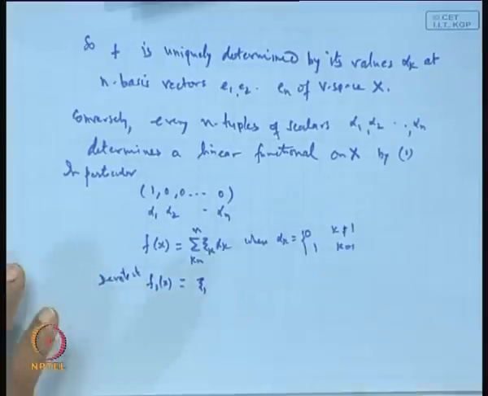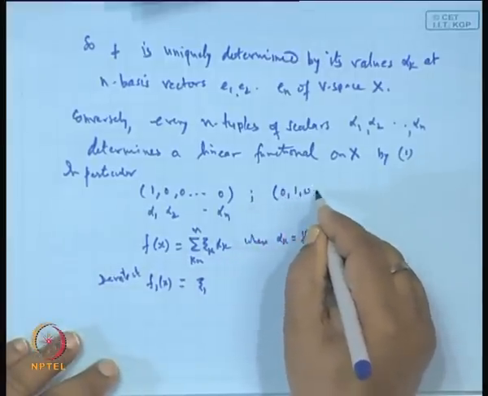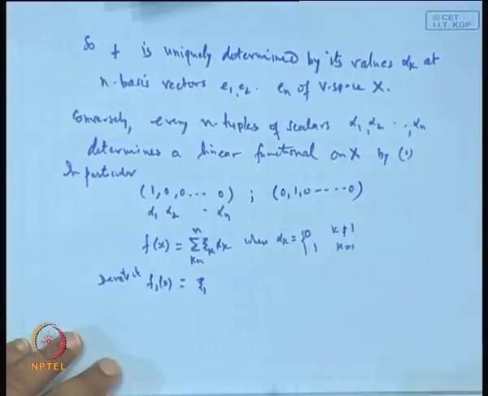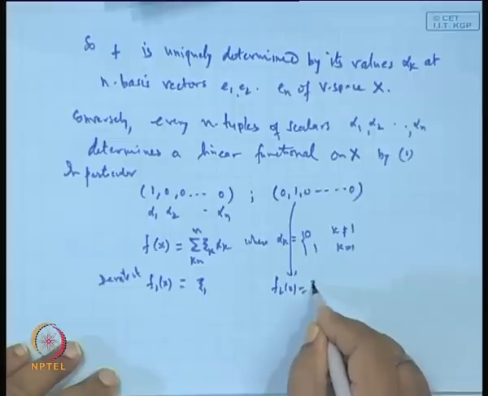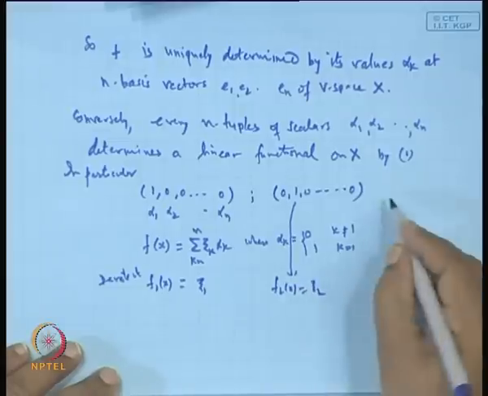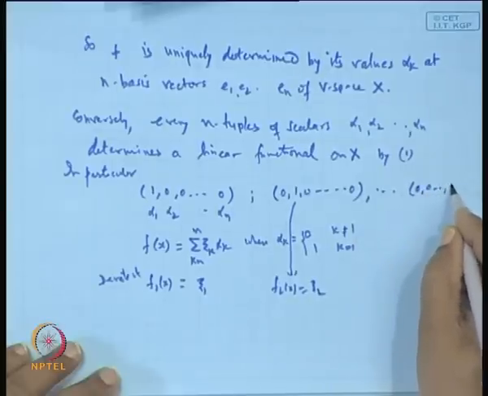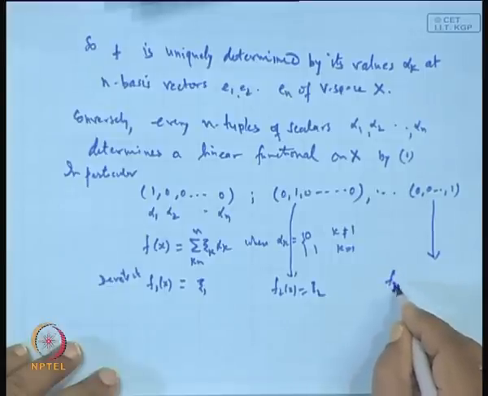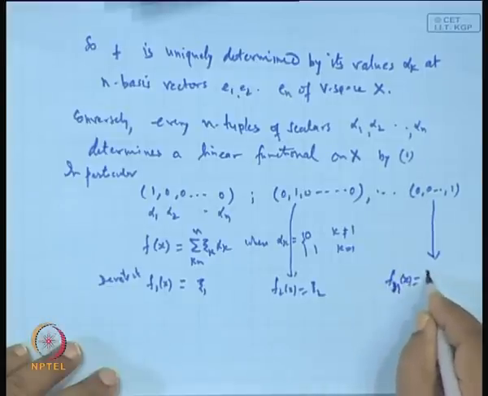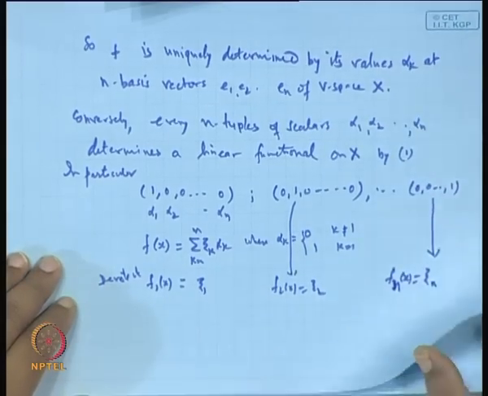Is it okay? Similarly, if I take another set of scalars 0, 1, 0, ..., 0, then correspondingly we get f2 of x as xi 2, and we continue this. From 0, 0, ..., 0, 1 we get the corresponding fn of x as xi n.